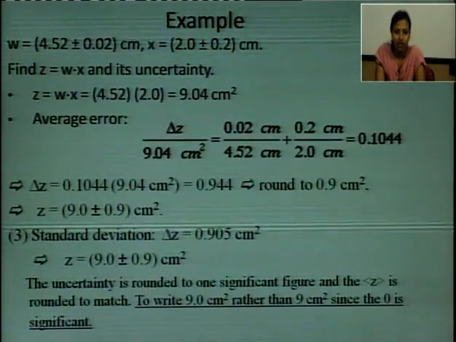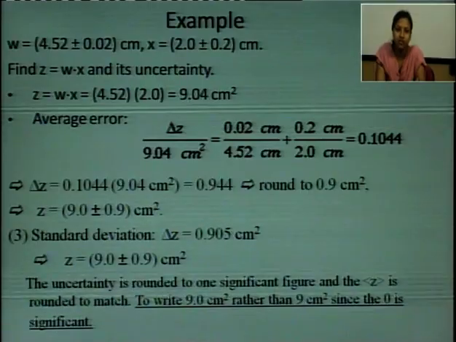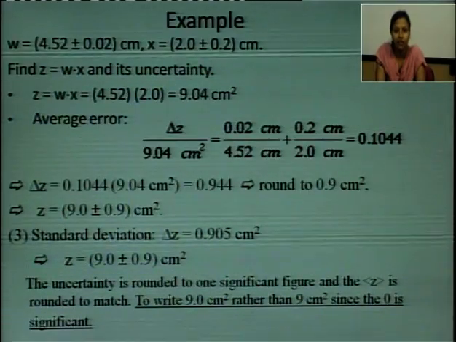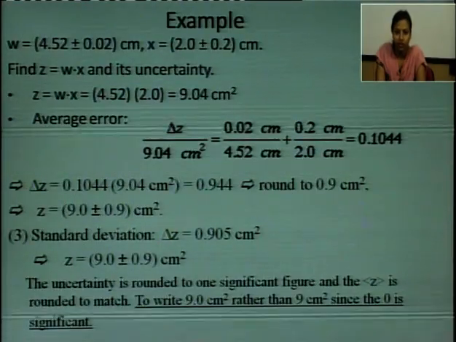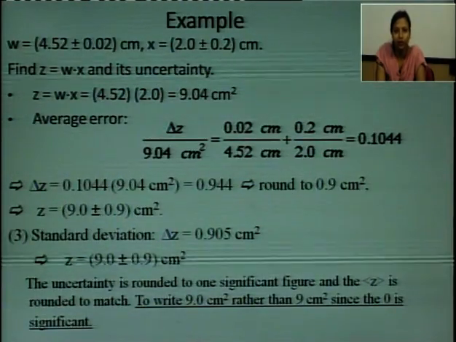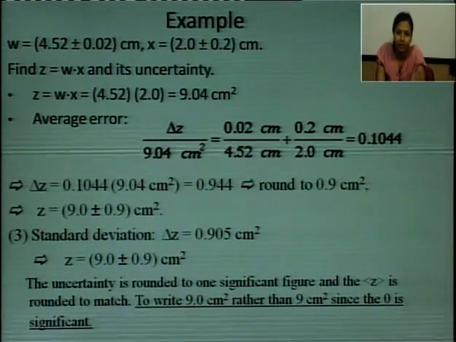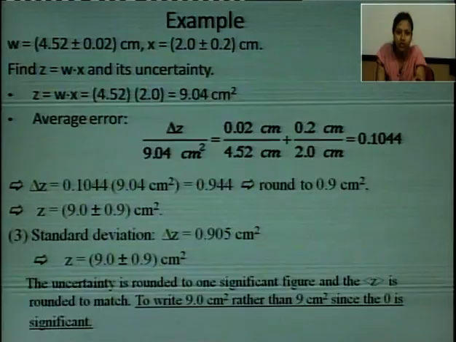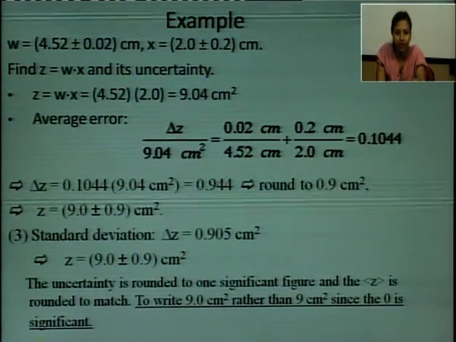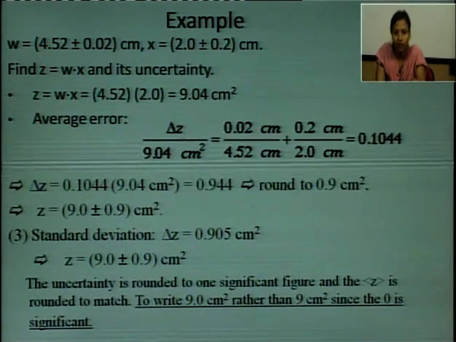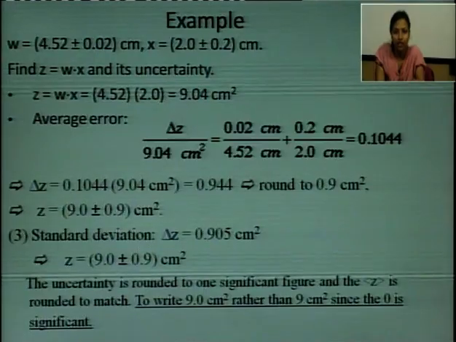Next is average error. If we are taking the error to be the average, then delta Z upon Z is equal to delta X upon X plus delta W upon W. So first one is delta W upon W. Delta W is 0.02 and W is 4.52, plus delta X is 0.2 and X is 2.